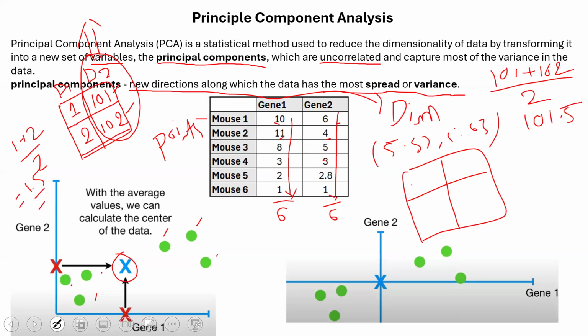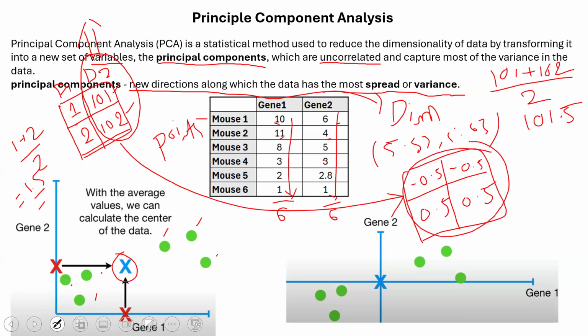1 minus 1.5 becomes minus 0.5. 2 minus 1.5 becomes 0.5. 101 minus 101.5 becomes minus 0.5. 102 minus 101.5 becomes 0.5. So when you subtract the mean from these data points, they all transform to the same values.